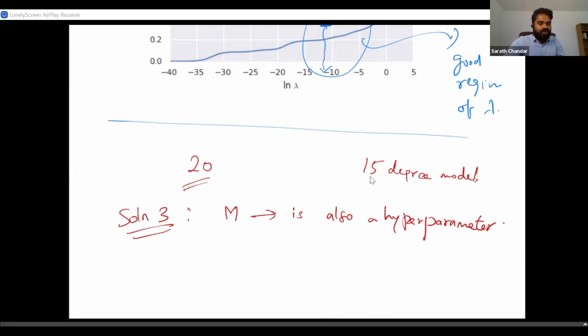This example highlights that. If my data set comes from a 20-degree polynomial, starting with a 15-degree polynomial is not the right thing to do. It's better to start with a 100-degree polynomial, in which case there will be overfitting, but I could still regularize and control it to find the 20-degree solution.